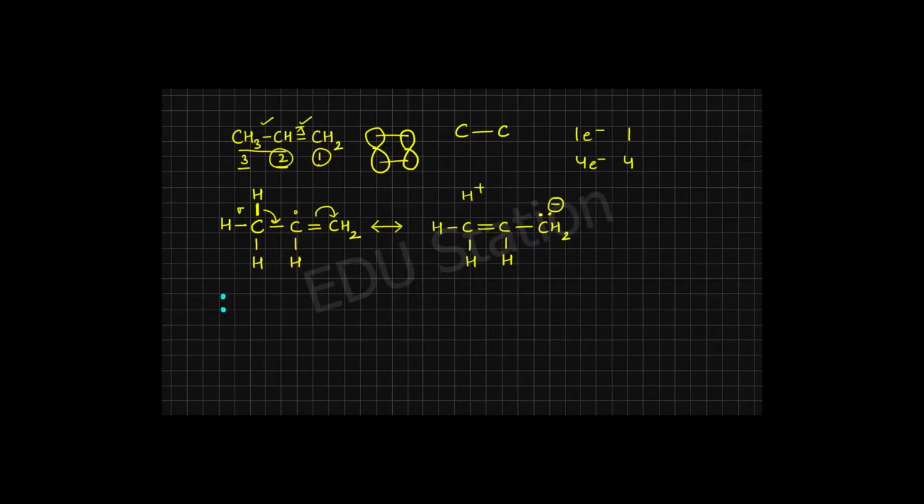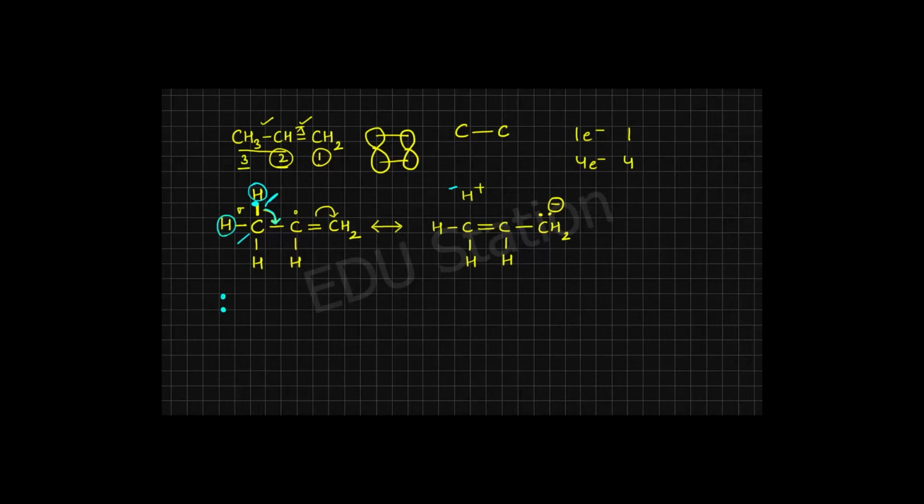In hyperconjugation, a bond pair is moving. This is a bond pair. This is moving like this. Now, this carbon will not get affected because instead of having a bond with hydrogen, now it is going to have a bond with carbon, but this hydrogen loses this electron. So, it has become H plus. Now, instead of this hydrogen, it could be this hydrogen also.